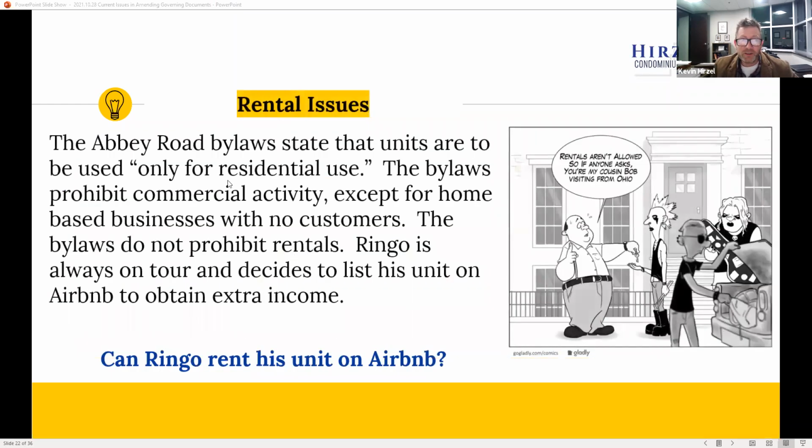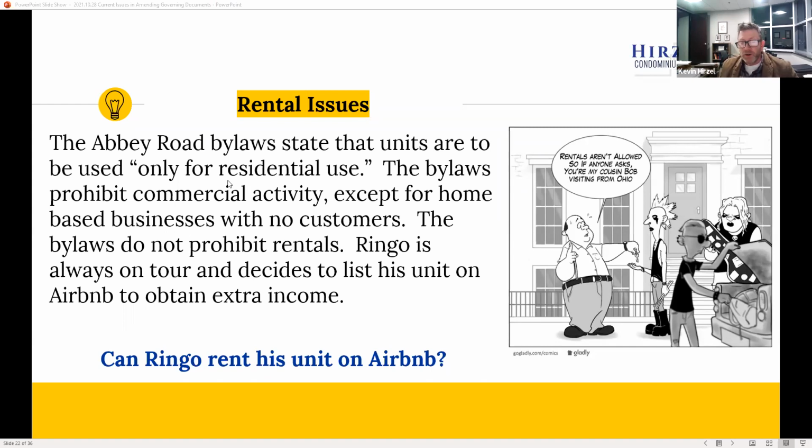All right, so rental issues. This is one of the biggest ones that we have. Many communities are addressing this, not just through their associations, but also through the townships within which they live. In our community, let's say Abbey Road, the Abbey Road bylaws state that units are to be used only for residential use and they prohibit commercial activity, subject to basically home offices.